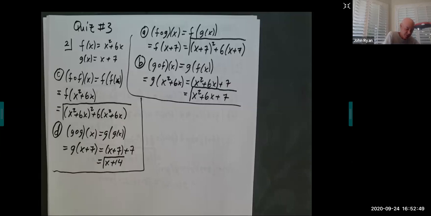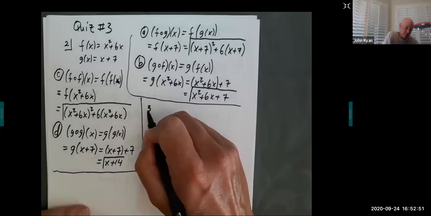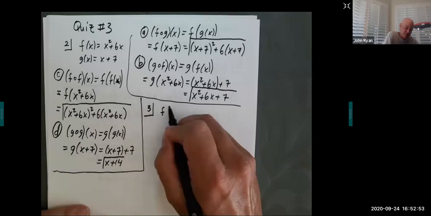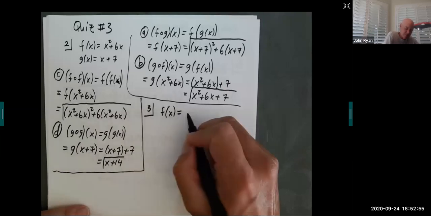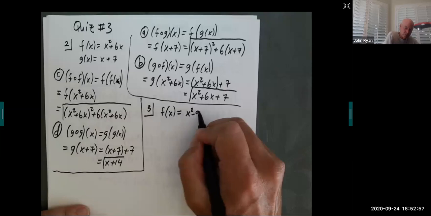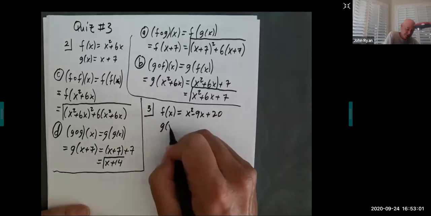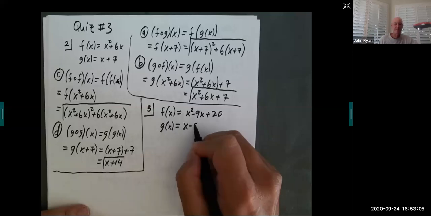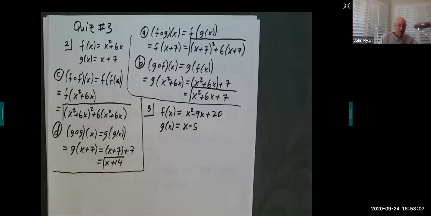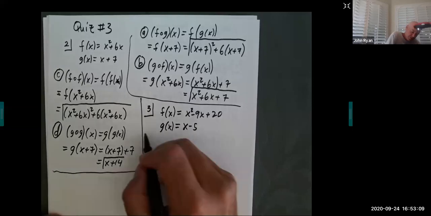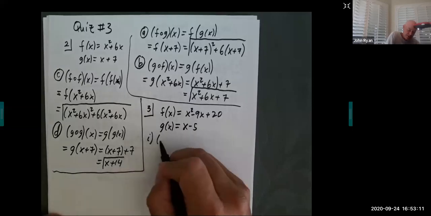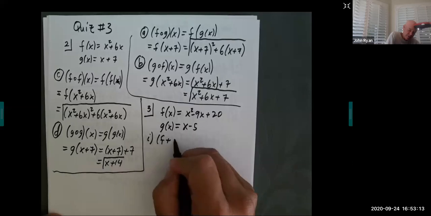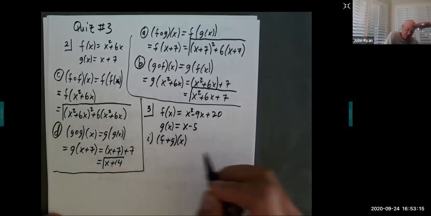Number 3, I'm also going to keep on this camera. We have two functions, f of x and g of x. And the first one says take f plus g of x.